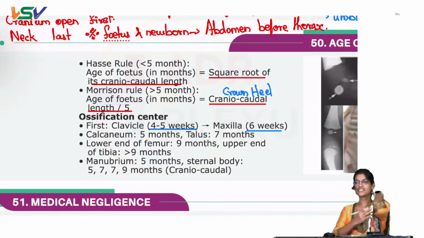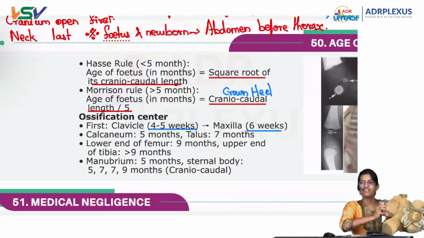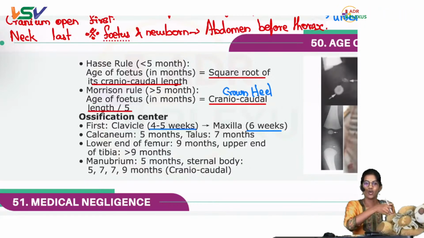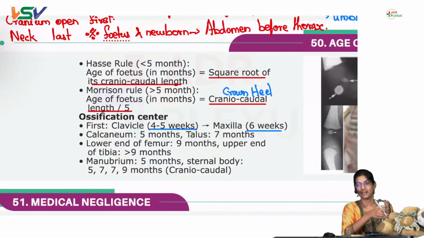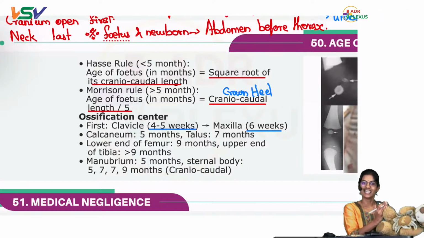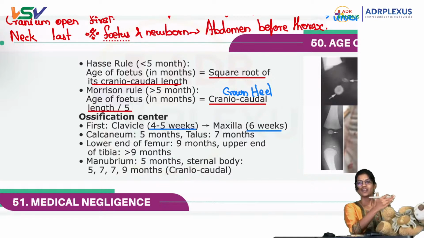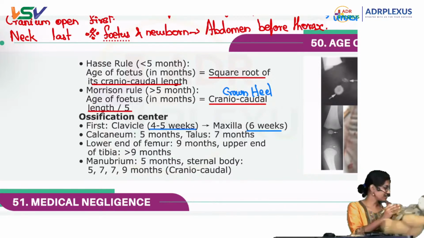We flex the knee of the child, not the elbow, and give an incision in the knee region. The lower end of femur and upper end of tibia we are able to examine. At the ankle, we flex and give an incision at the heel, and we are able to see the calcaneum and talus. That's how we do it. Once you know that, it's easy.